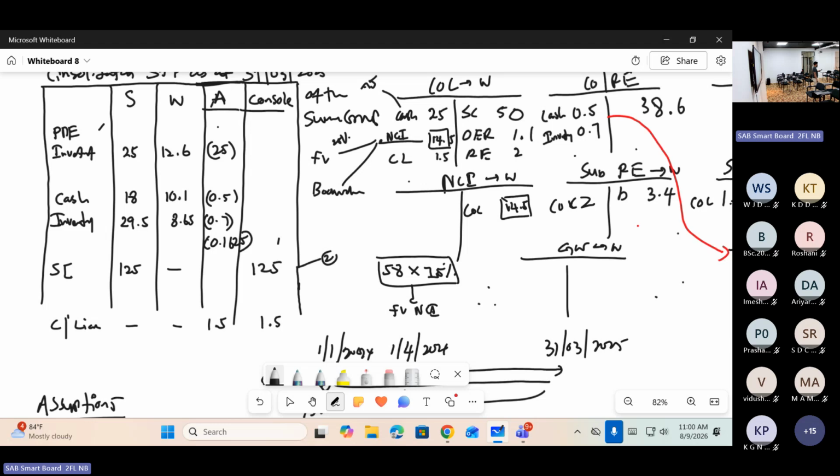How much? 3.57. Make a provision of 3.57.